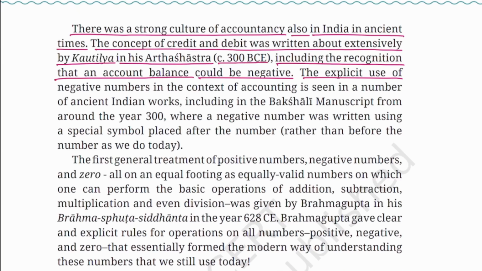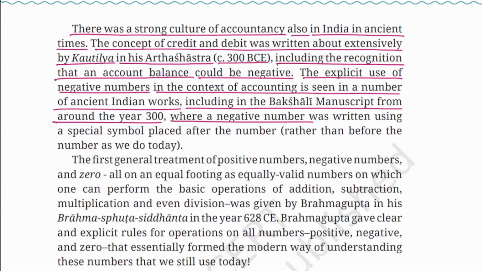The explicit use of negative numbers in accounting is seen in ancient Indian works, including the Bakhshali manuscript from around the year 300, where a negative number was written using a special symbol placed after the number, rather than before the number as we do today.